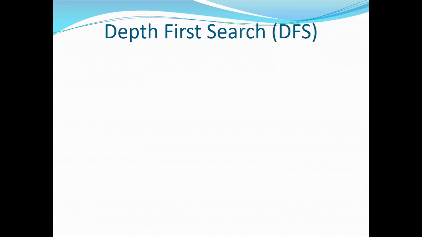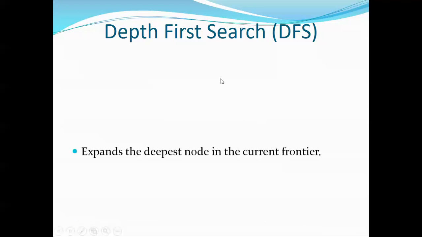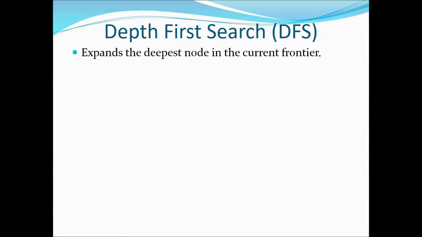So basically, the depth first search algorithm proceeds in a depth fashion. That is, it will explore one path fully. It expands the deepest node in the frontier.